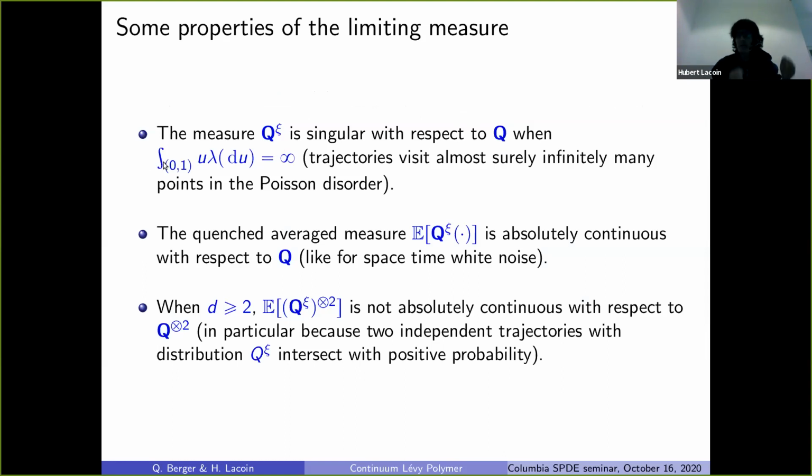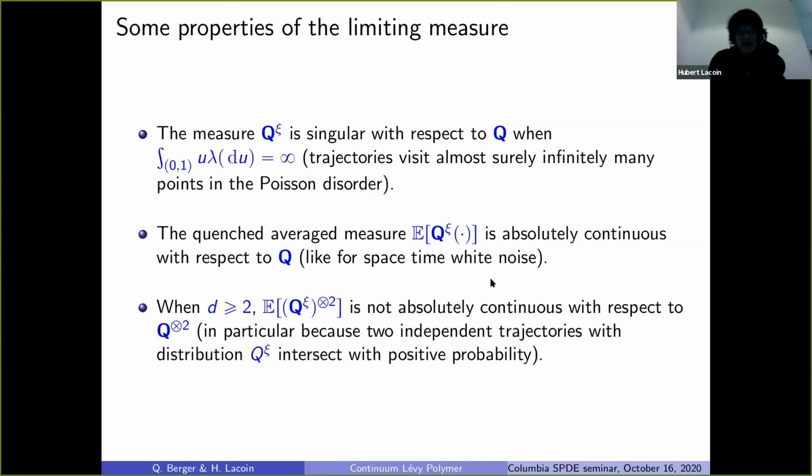So when your noise does not have bounded local total variation, you end up with a measure which is singular with respect to Wiener measure, so you have no density. But if you consider the measure averaged with respect to the environment, then you recover something which is absolutely continuous with respect to the Wiener measure. And this was something that was already observed in the case of the continuum polymer with Gaussian space-time white noise.